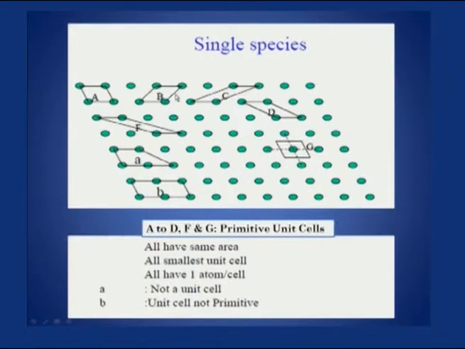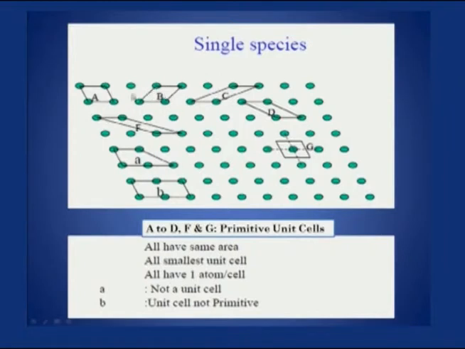Now, look at A. In the unit cell A, you have lattice points only at the corners of the cube. Similarly, B is another cell.